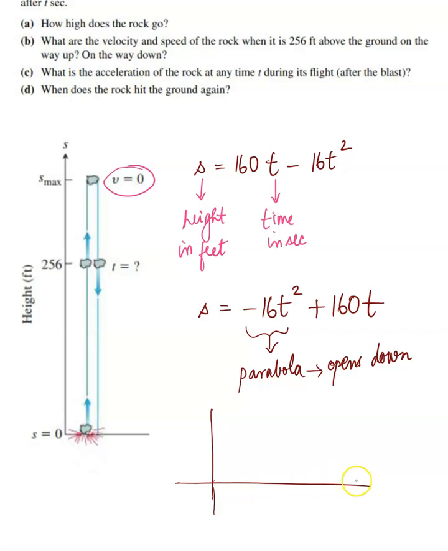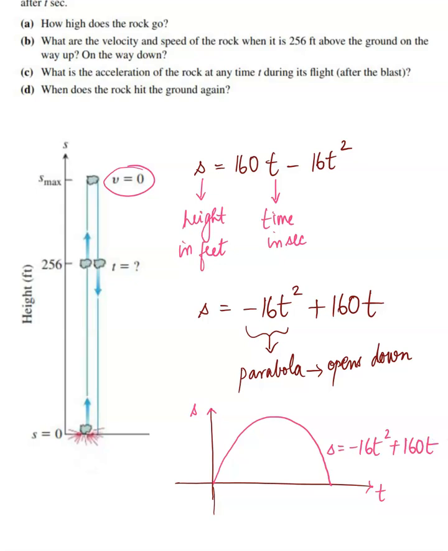Let me mark this as T, and this is my S. So T0, S0, that makes sense. Then it goes up, it reaches a maximum height, and it should come down. Can't go below the ground, just to reach the ground. So this is my S equals negative 16t squared plus 160t.